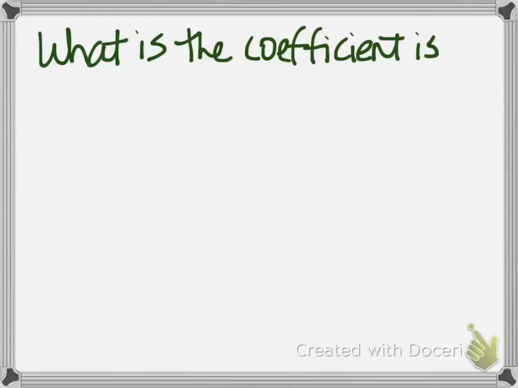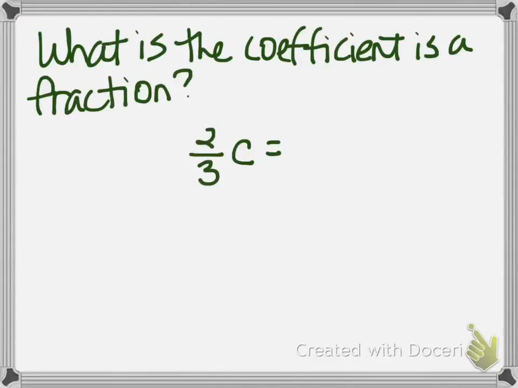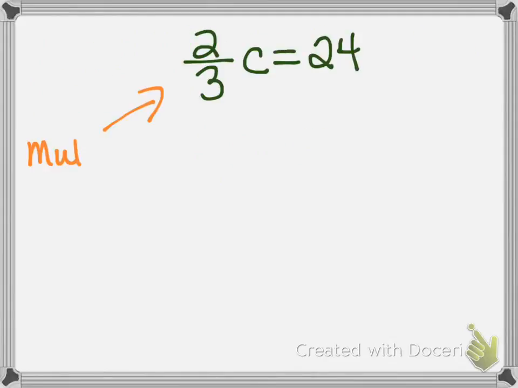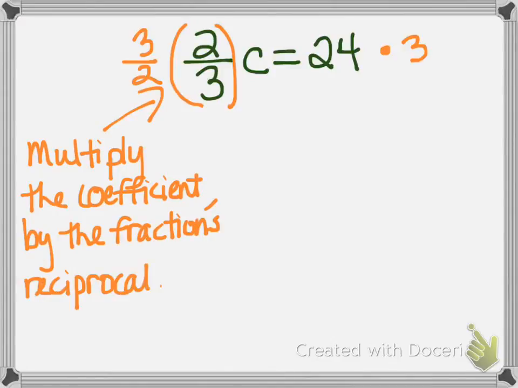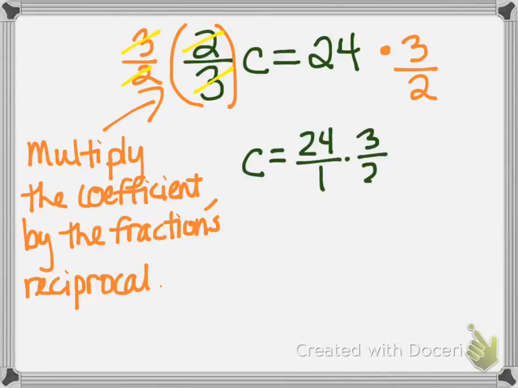What if the coefficient of your variable is a fraction? Here's an example. 2/3 times c equals 24. To get rid of that, you multiply that fraction by its reciprocal, which in this instance is 3/2. That then eliminates 2/3 from the c, leaving you with just c by itself.